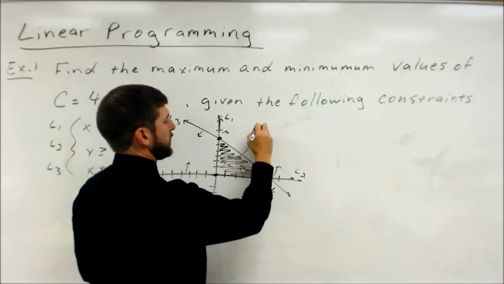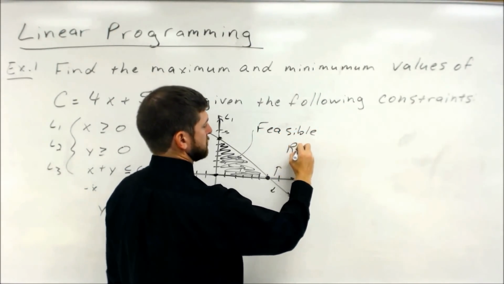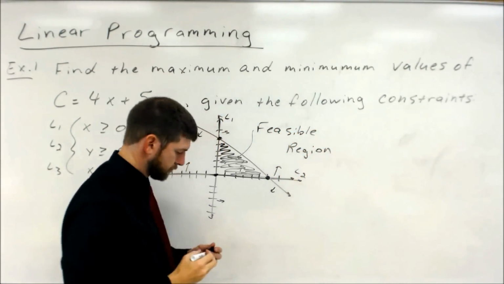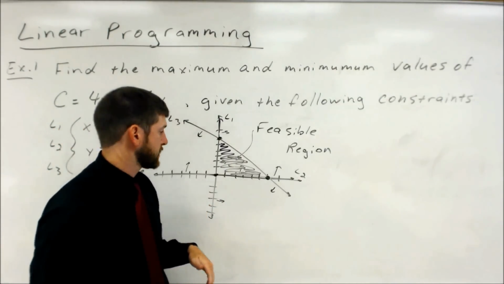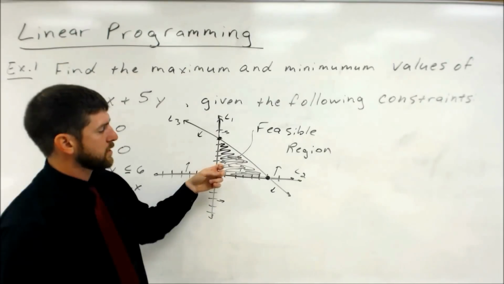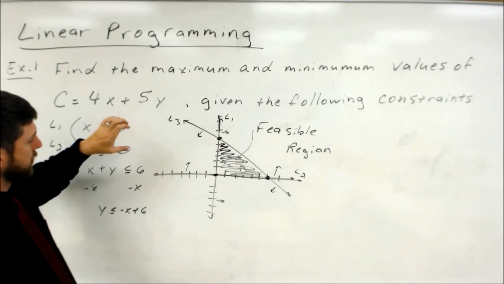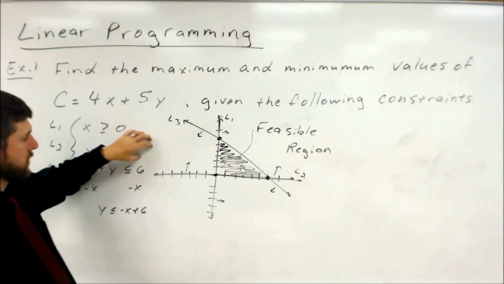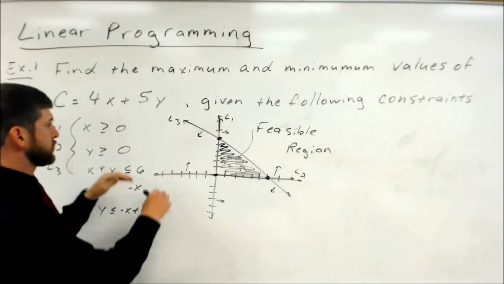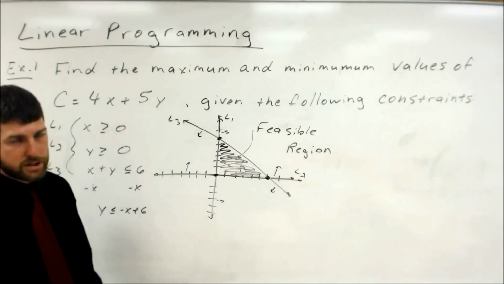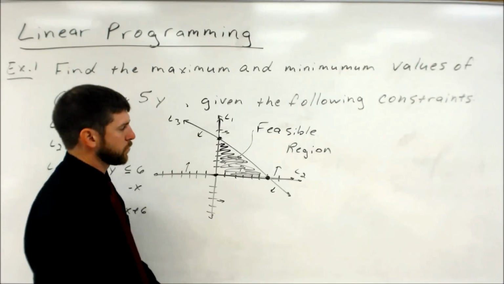We call this area the feasible region, which makes sense. Feasible meaning possible. The only points that could possibly satisfy all these inequalities come from in here. Those are the only points that are feasible for this objective quantity given these constraints. We just call that the feasible region.